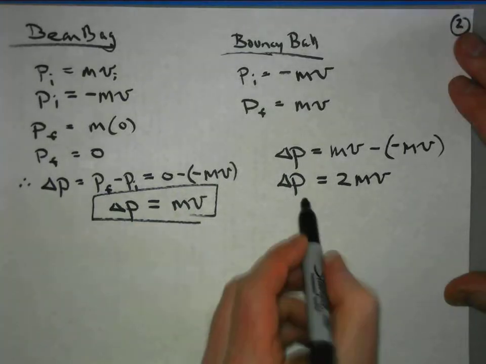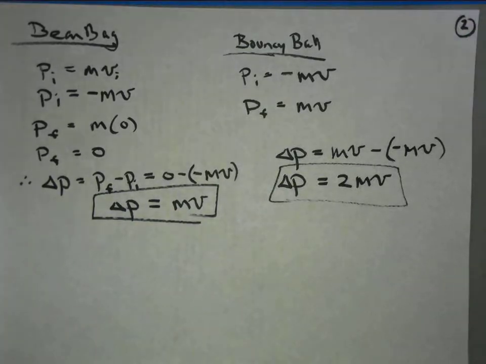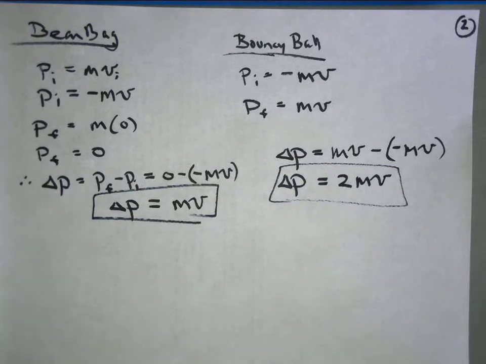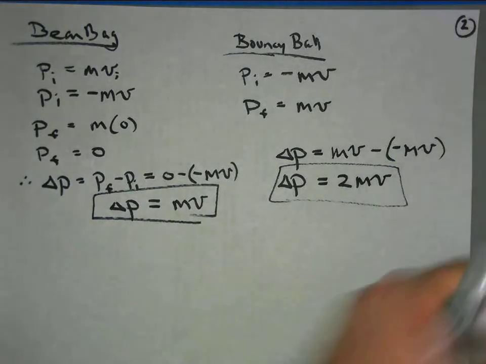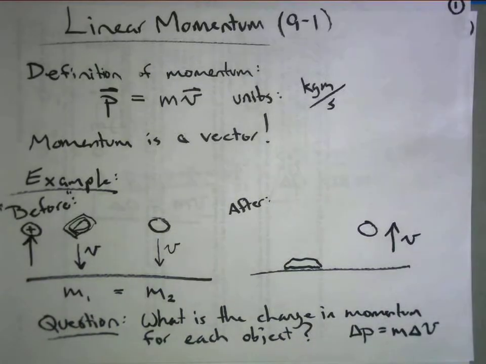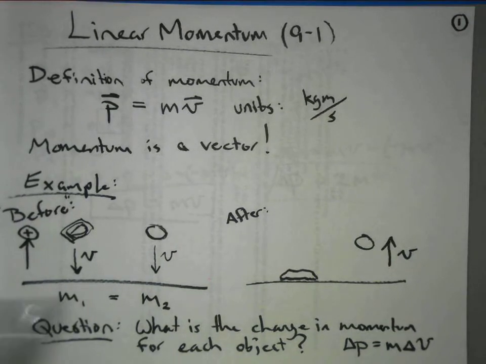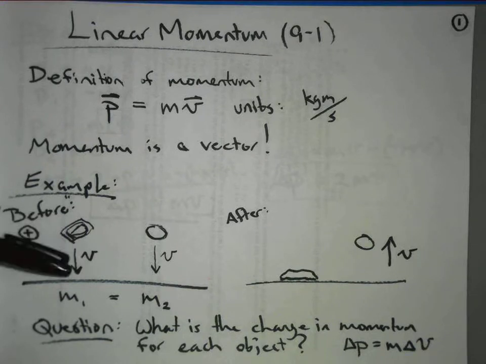And this is very significant for a couple reasons. Number one, we note that momentum is a vector quantity. The direction of momentum matters. And so how much of a change was there in the beanbag's momentum? There was a change in an amount equal to mv. It went from negative mv to 0.